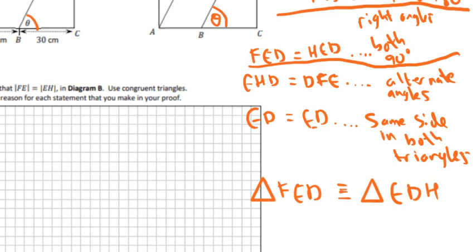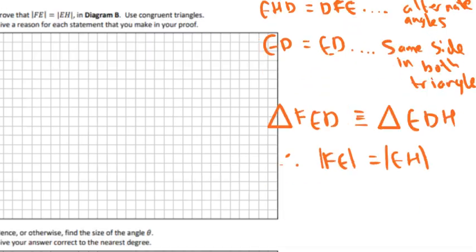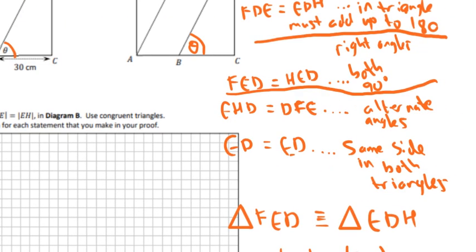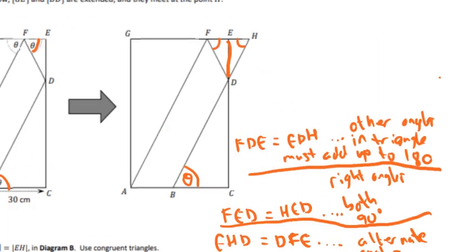So we know that they're congruent to each other now, therefore what we have is true. So FE is equal to EH. And that's all we need then. So that proves that's true. We should have said that the triangles are congruent because of angle, side, angle.